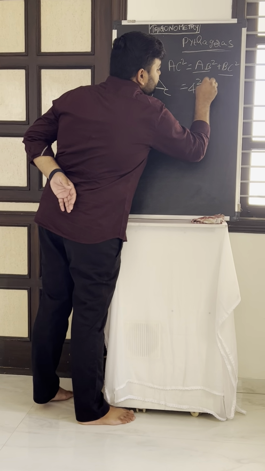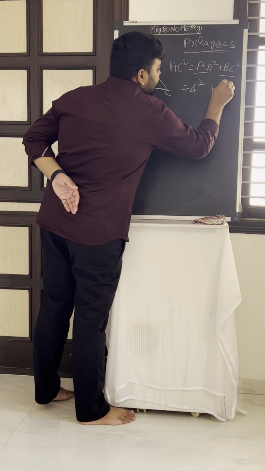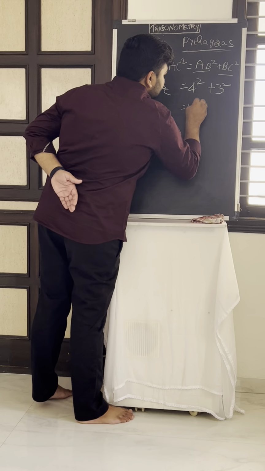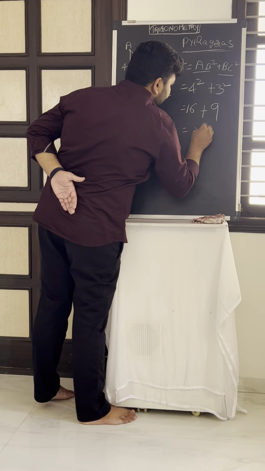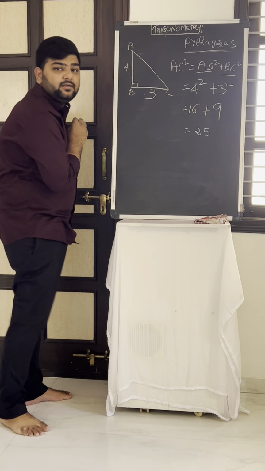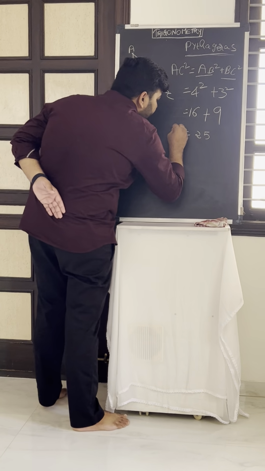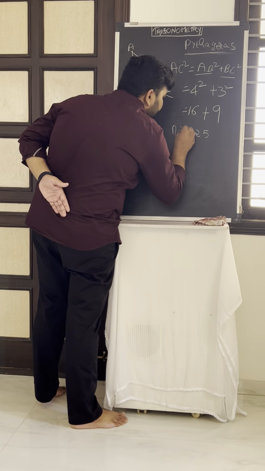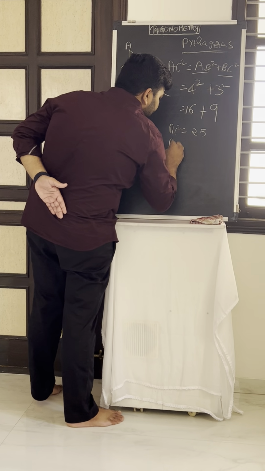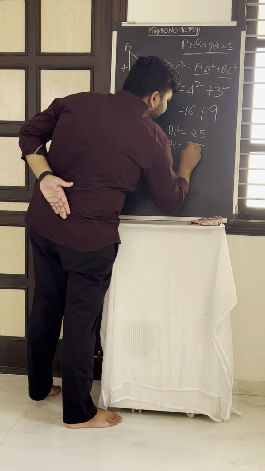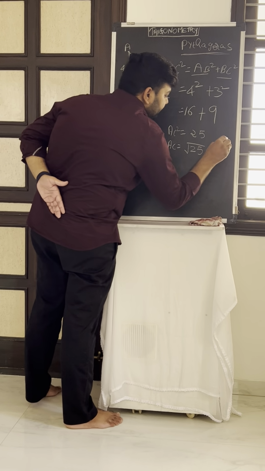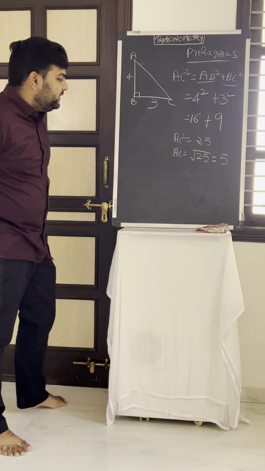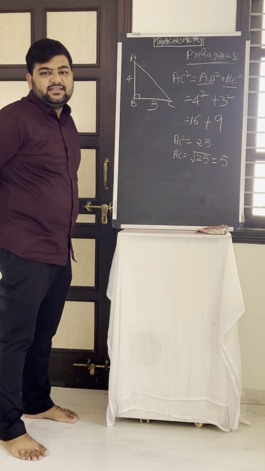It will give us 4 square plus 3 square is equal to 16 plus 9 is equal to 25. We have the value of AC square as 25. So what will be the value of AC? Square root of 25. It will give me the value of AC as 5.